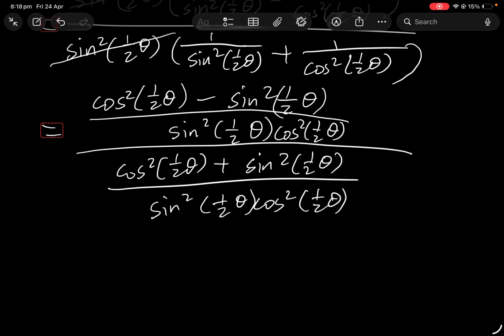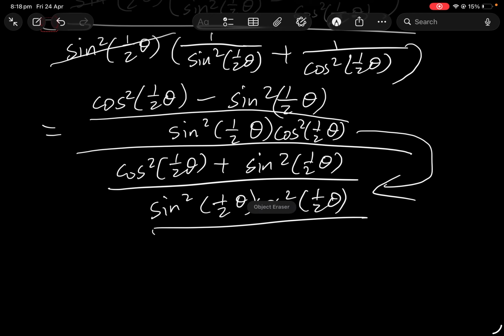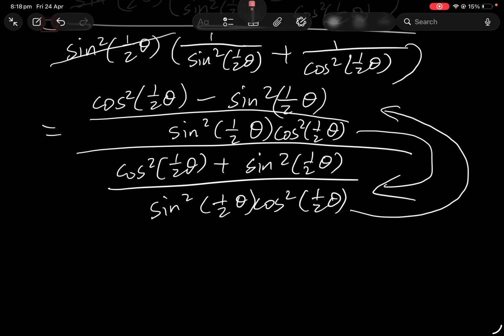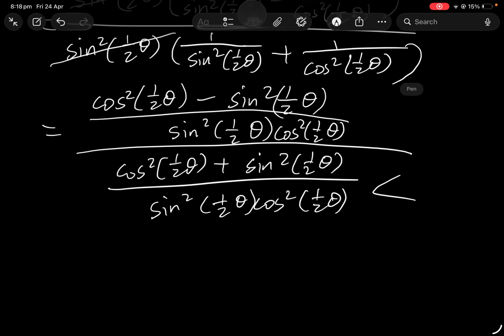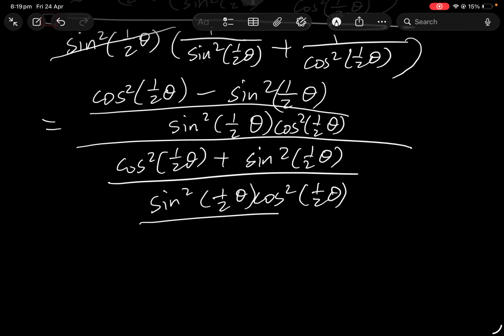So this part will come down and this whole part will go up, and then one's on top, one's on the bottom, so they'll cancel out. These two are the exact same, so we can cancel them because they're dividing on the same side.